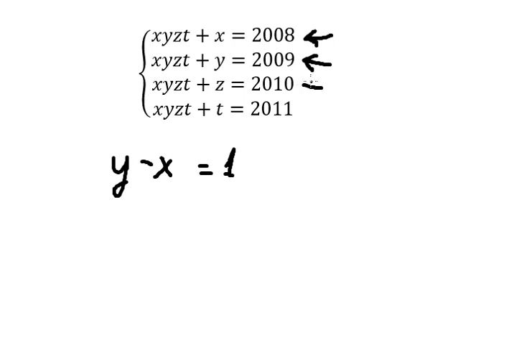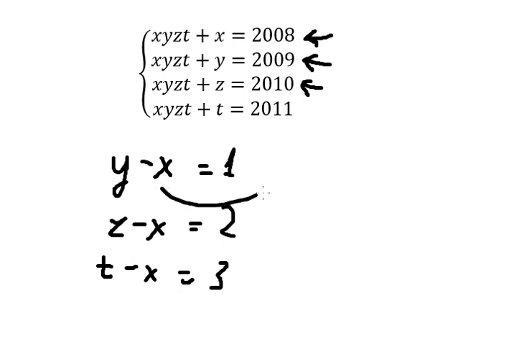So I will use this one minus this equation. So z minus s equals number 2 and t minus s equals number 3. And now I will put this one go to the right, similar to this one and this one.